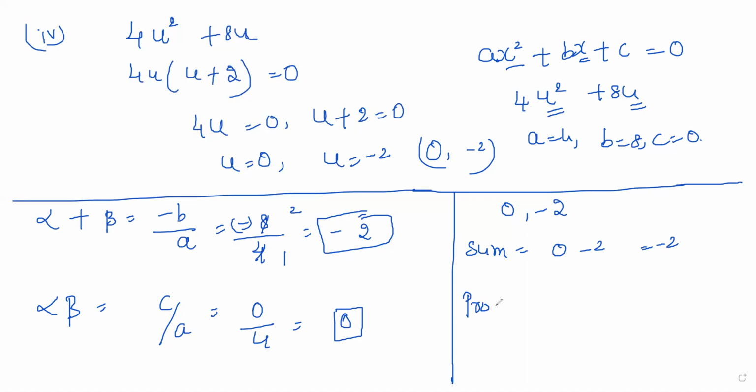And the product is equal to 0 into minus 2, that is equal to 0. See, sum is minus 2. Here also it is minus 2. Product is 0. Product is 0. So this is how we verify the relation between zeros and the coefficients.